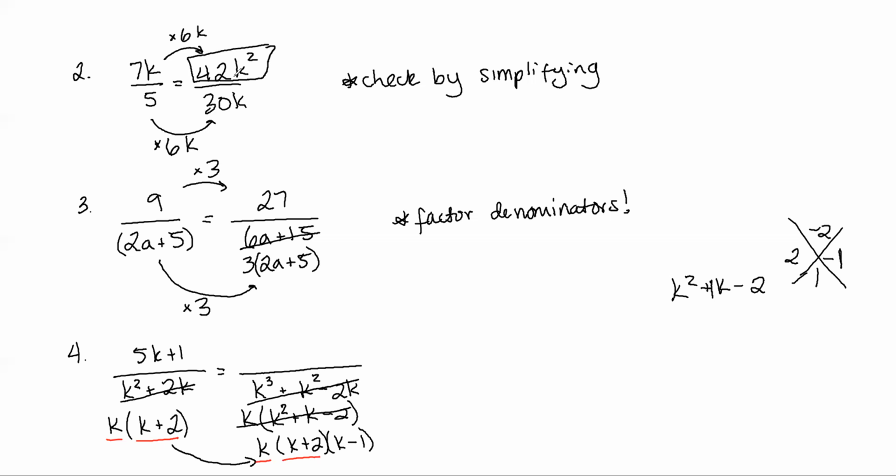So since we have to multiply this by a k minus 1, we're also going to multiply the top by a k minus 1. And so along the top here, we're going to have 5k plus 1 times, so I'm going to put that 5k plus 1 in parentheses, and then we want to multiply it by k minus 1.